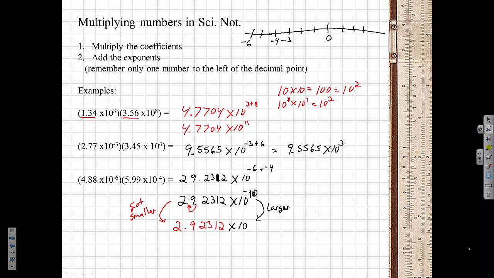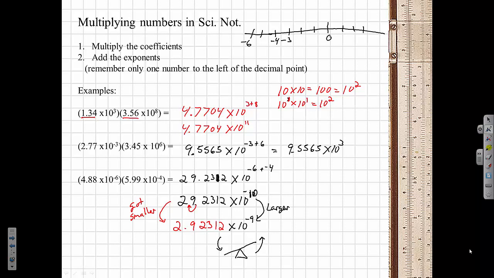So here, 1 more than negative 10 is actually negative 9. So to put in proper scientific notation, you have to move this decimal place over, and for each place we move it over, if it gets smaller by a power of 10, then this exponent has to get larger by a power of 10. So you can kind of think of it as a seesaw or a teeter-totter, right? If this end goes down, this end goes up.